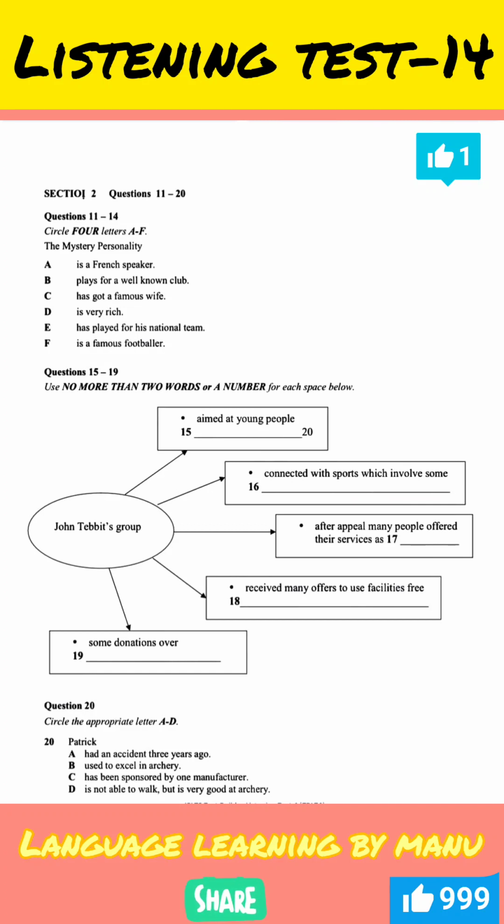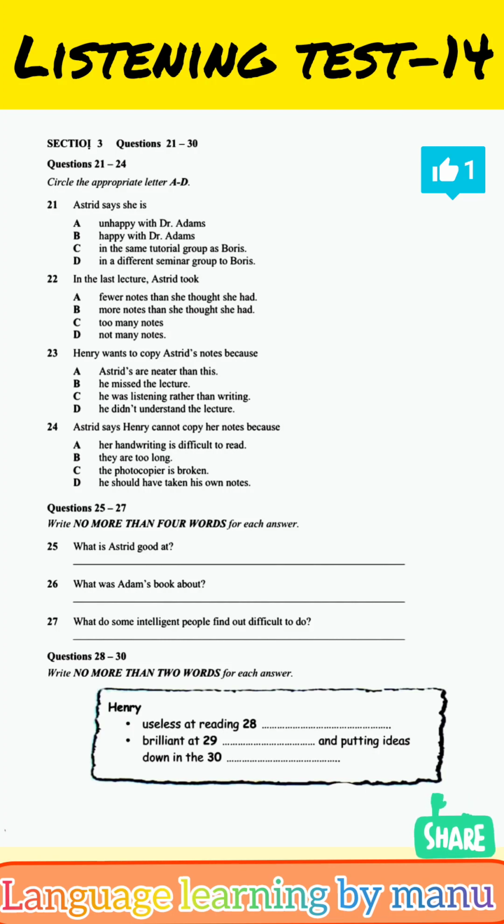Now turn to Section 3. Section 3. You are going to listen to a conversation between two students talking about a lecture they have just attended. First, look at questions 21 to 24.